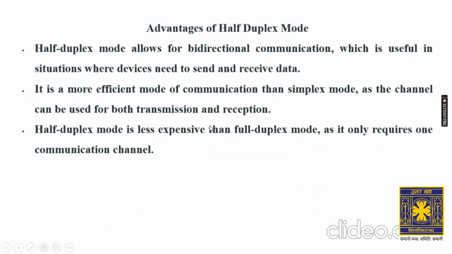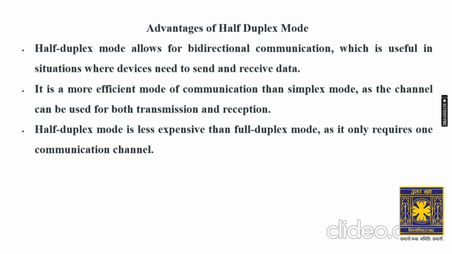Now there are different advantages and disadvantages of half duplex mode of communication. Let us discuss the advantages first. I have already told you that half duplex mode allows for bidirectional communication. That means communication is possible both ways, which is useful in stations where devices need to send and receive data. But one limitation is that communication is possible in both directions but not simultaneously. You have to remember this.